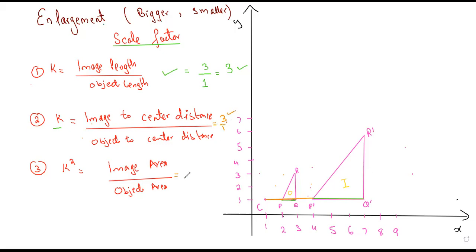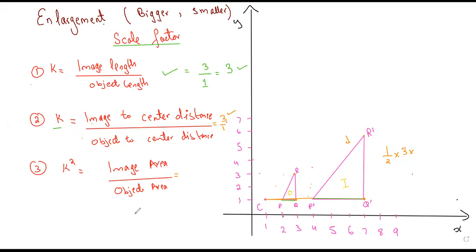And if I talk about the area of the triangle, so the area of the image is going to be what? 1 by 2, base is 3, and height is, what is the height? Yes, height is what? So this is 1, this point is 1, and then if this length is 2, so this point should have been 7.